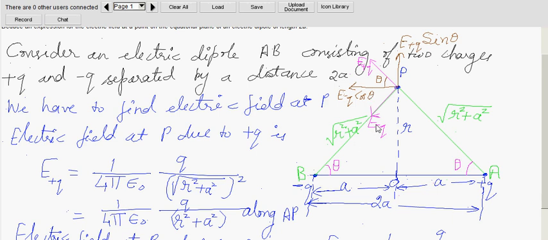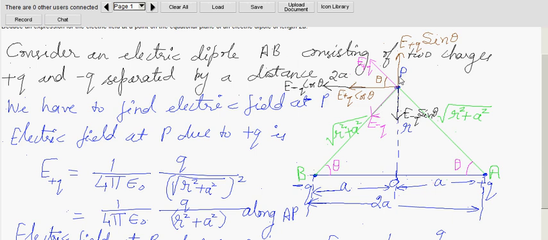Similarly, for E minus q, we resolve it into two components. One is along the line PO, and another is along this line itself: this is E minus q sin theta and this is E minus q cos theta.